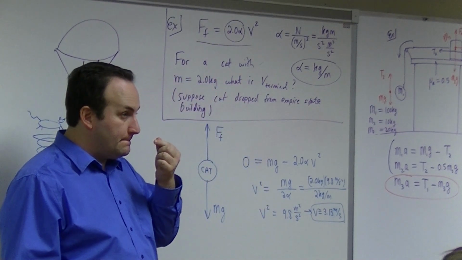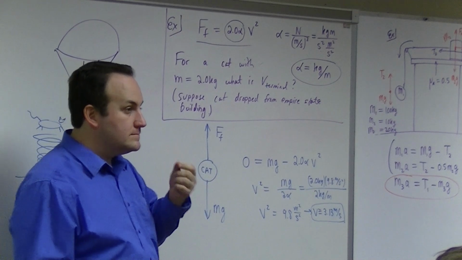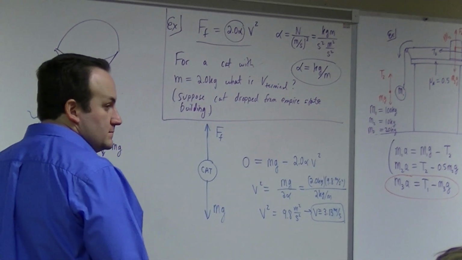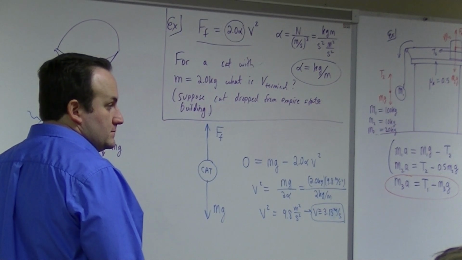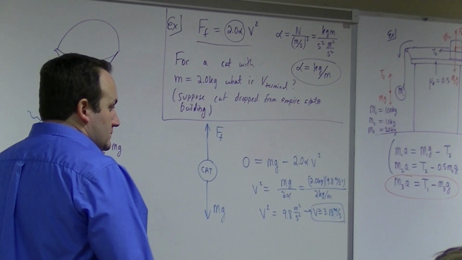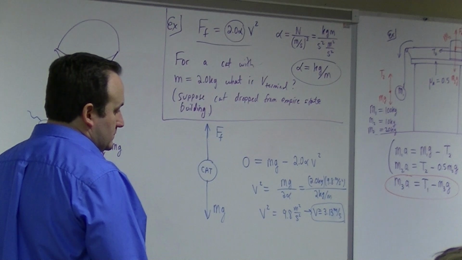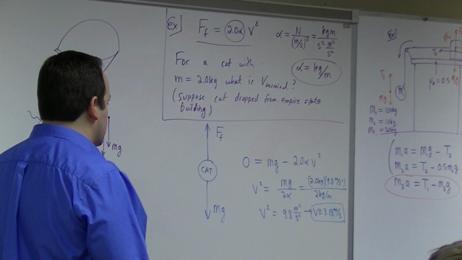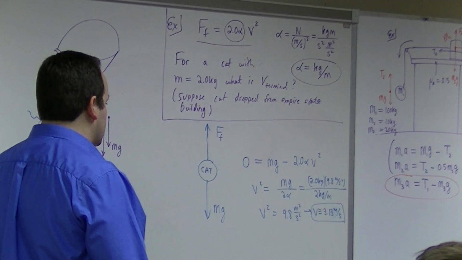So in a situation where it's going up, is there only going to be one point in time in which it reaches terminal velocity? Depends on how you define terminal velocity, because it's going to continue decreasing in velocity after that one moment.